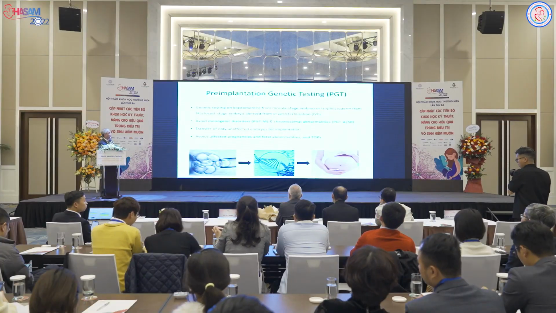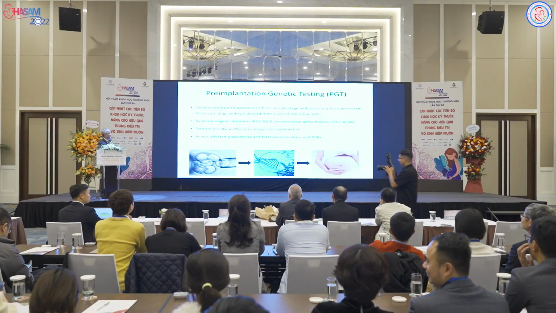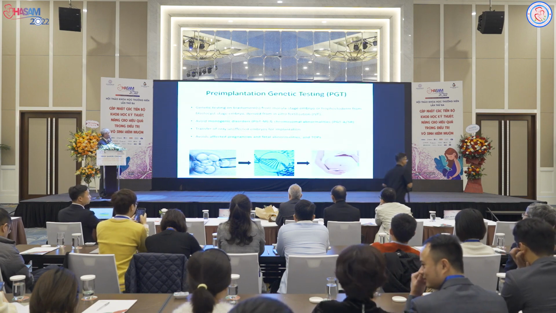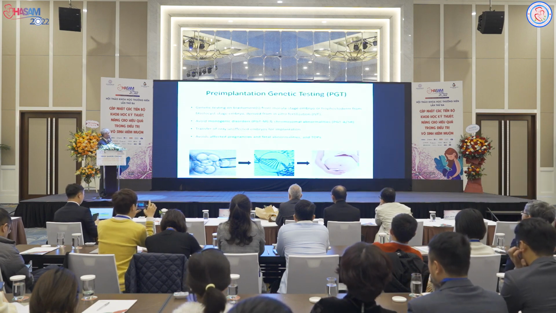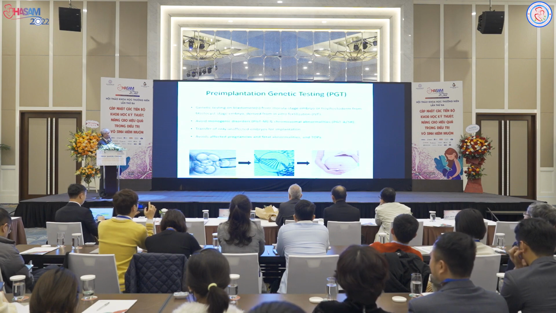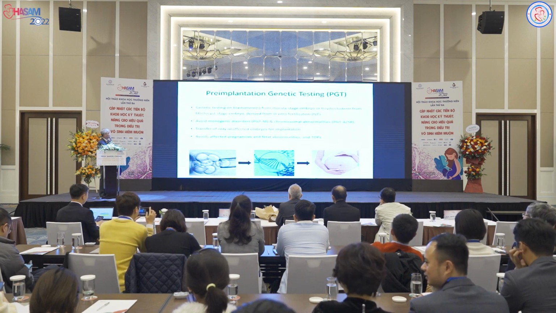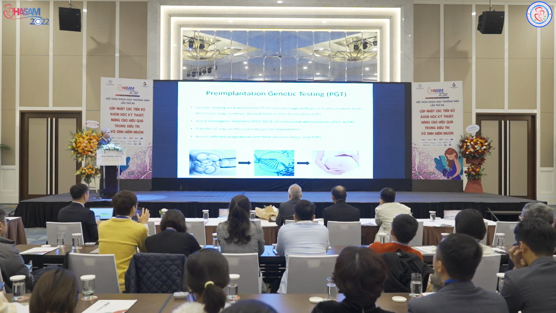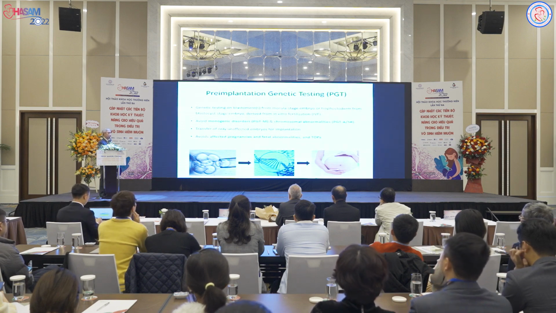Okay, so now I don't want to go through this because Dr. James has already talked much about it. Basically, you can use blastomeres from day 3 embryos or trophectoderm from blastocyst stage embryos, which are derived by in vitro fertilization or by ICSI.